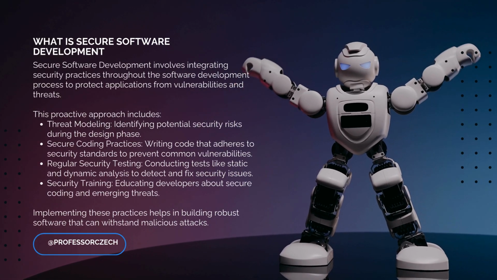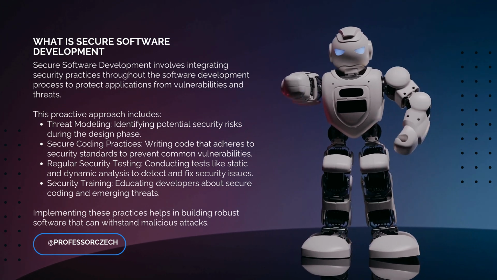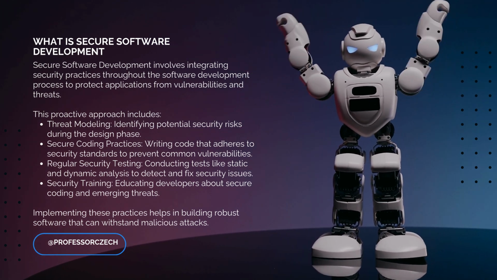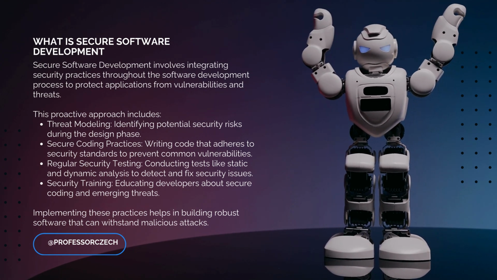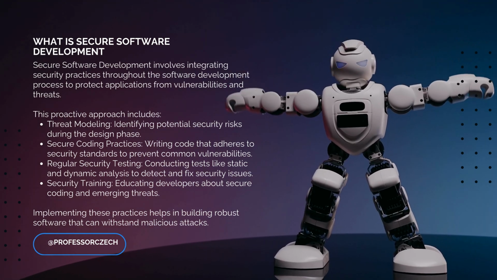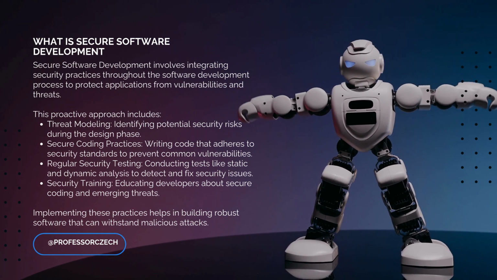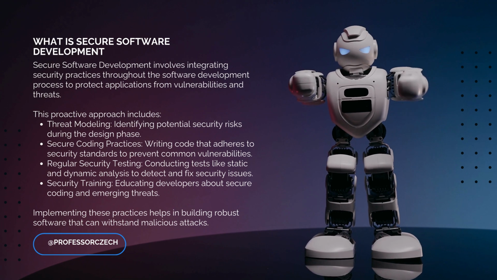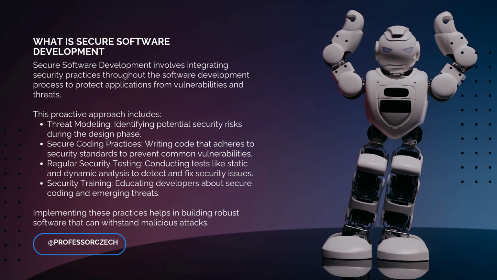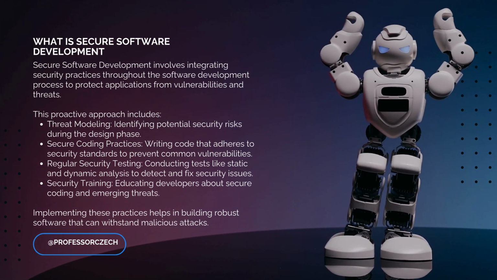Since this course has an emphasis on cybersecurity, we also have to know what is secure software development. So secure software development involves integrating security practices throughout the software development process to protect applications from vulnerabilities and threats.